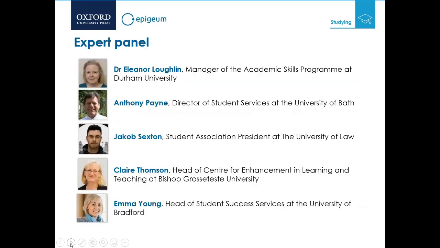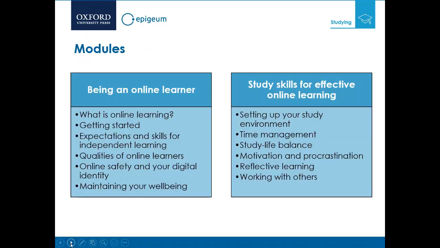Our expert panel have reviewed the course throughout its development, bringing with them a wealth of knowledge and insights into the student experience. So there are 2 modules, as I mentioned. The first module, Being an Online Learner, introduces the fundamentals of online learning, covering definitions, basic skills, the qualities of online learners, online safety, and how to safeguard your wellbeing and combat isolation.